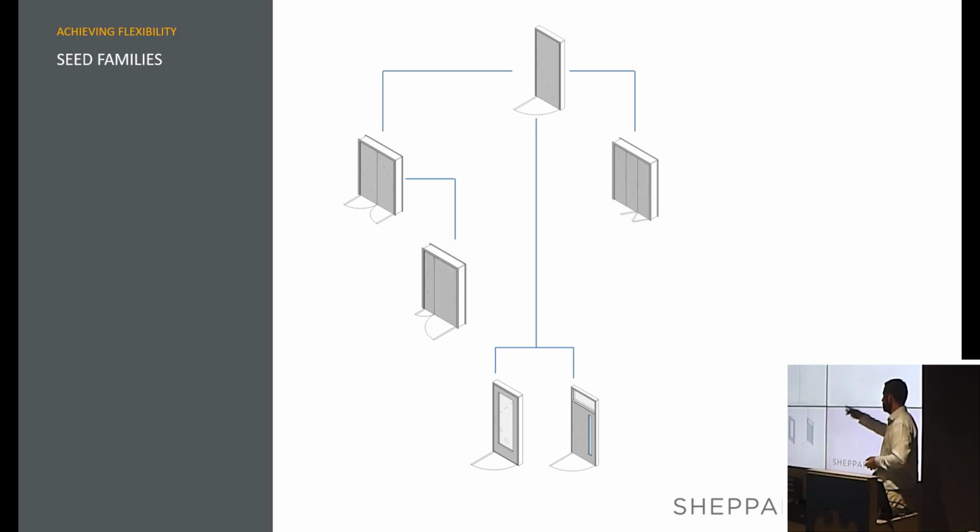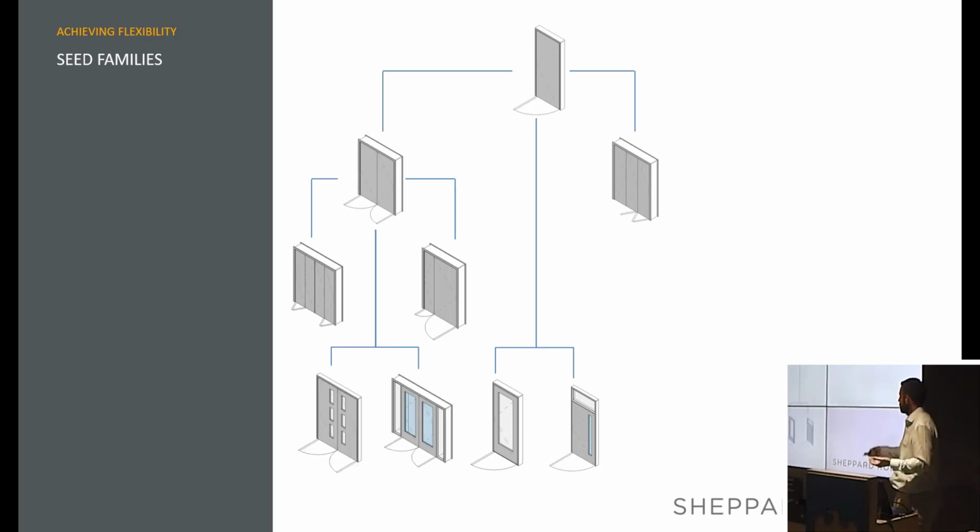And from the double, we get unequal, and then we get double bifolds as well, and then you get the subtypes of the doubles and so on. But the majority of the principles that go into building the single door also go into building the components for the curtain walls as well.